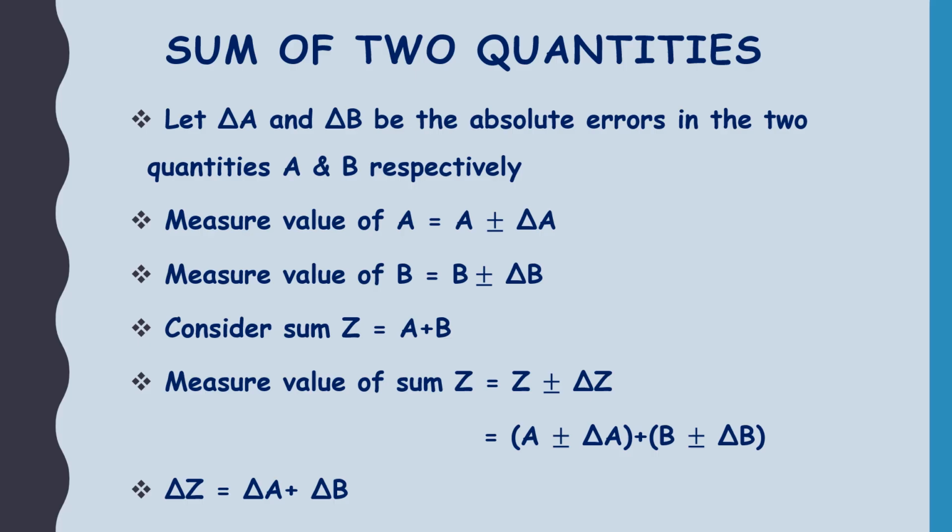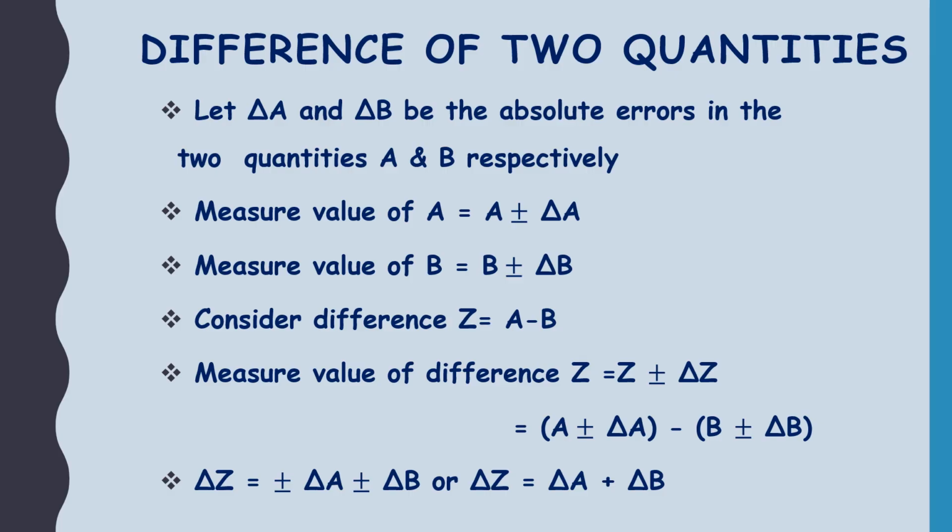After adding these values and rearranging, you will have delta Z is equal to delta A plus delta B. If two quantities are added, then the maximum permissible errors will also be added. Hence we can define that the maximum permissible error in the sum of two quantities is equal to the sum of the absolute errors in the individual quantities.